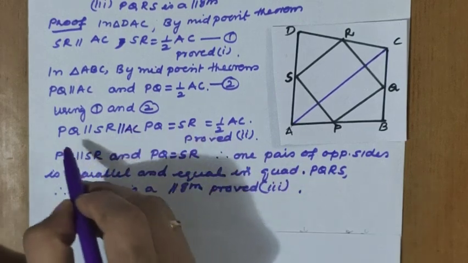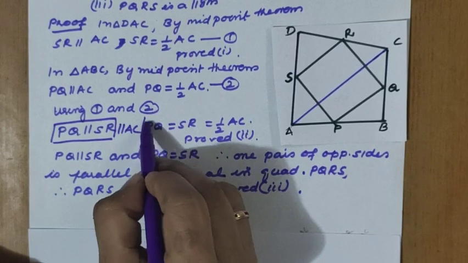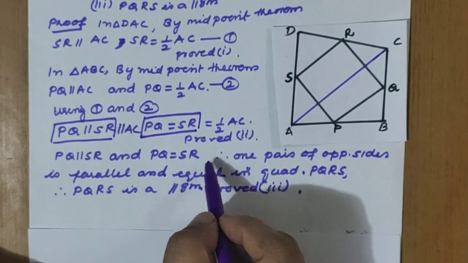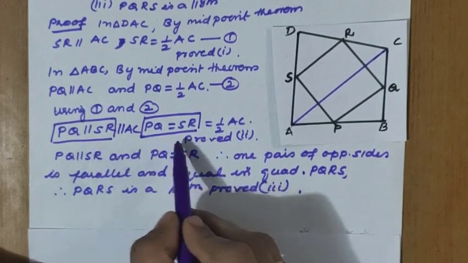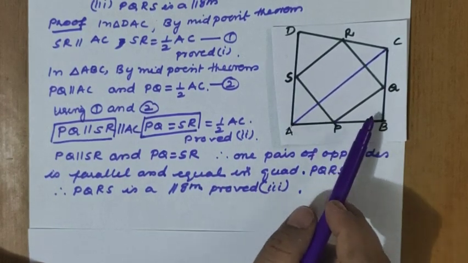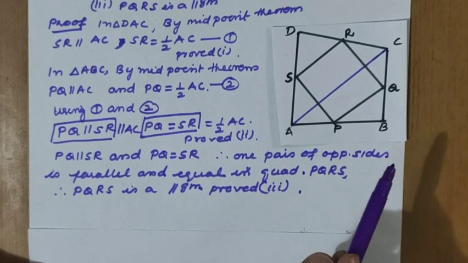We need this much only for the proof. PQ parallel to SR and PQ equal to SR. Now what is the concept here? One pair of opposite sides is equal and parallel in quadrilateral PQRS. So PQRS is a parallelogram. So proved the third part also.